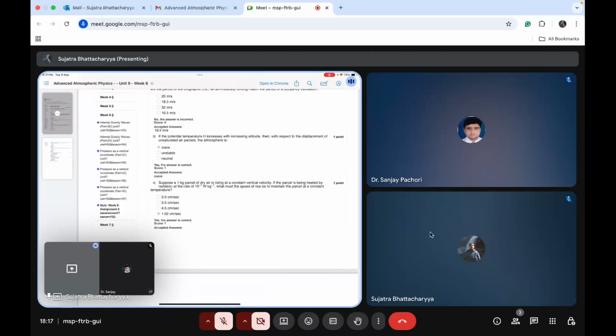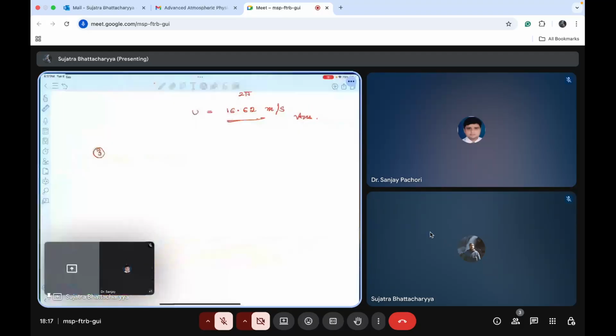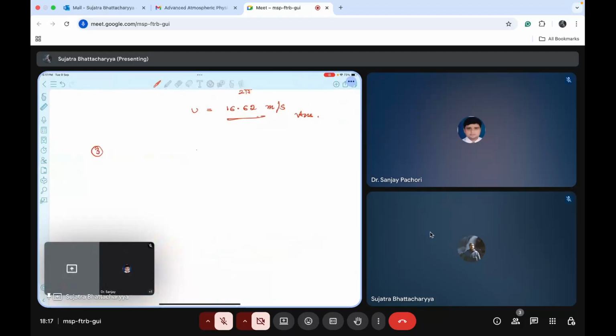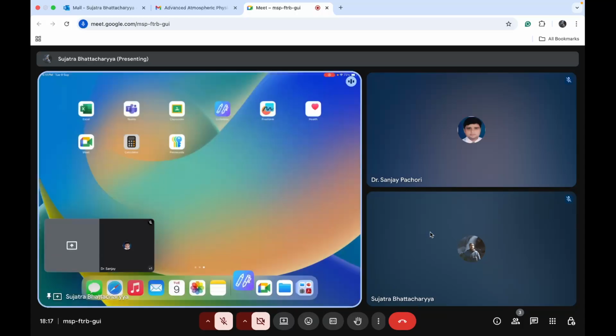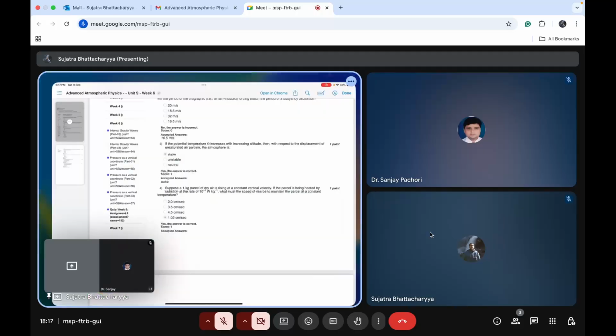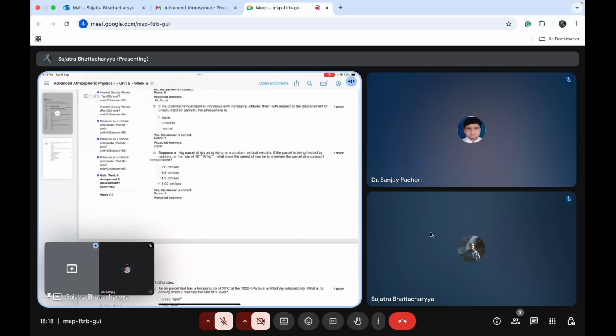Theta increases with the increasing altitude, d theta dz is greater than 0. So it is a stable atmosphere. We have discussed this, right, in the first question. So d theta dz is given to be greater than 0. In that case, we have seen that it is a stable atmosphere. Okay, so it's a stable atmosphere.